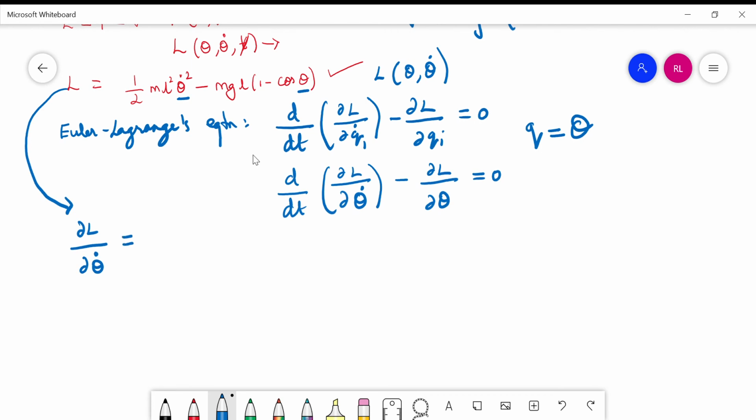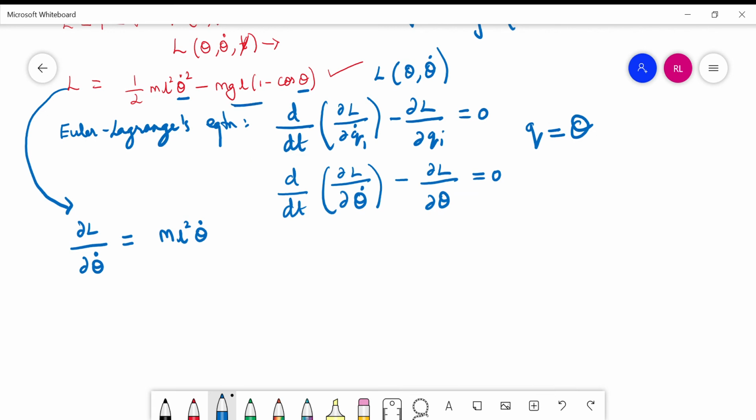What is ∂L by ∂θ̇? It is nothing but ml² θ̇. Once you differentiate θ̇², you will be getting 2ml², and this 2 and this 2 will cancel. We will be having ml² θ̇.